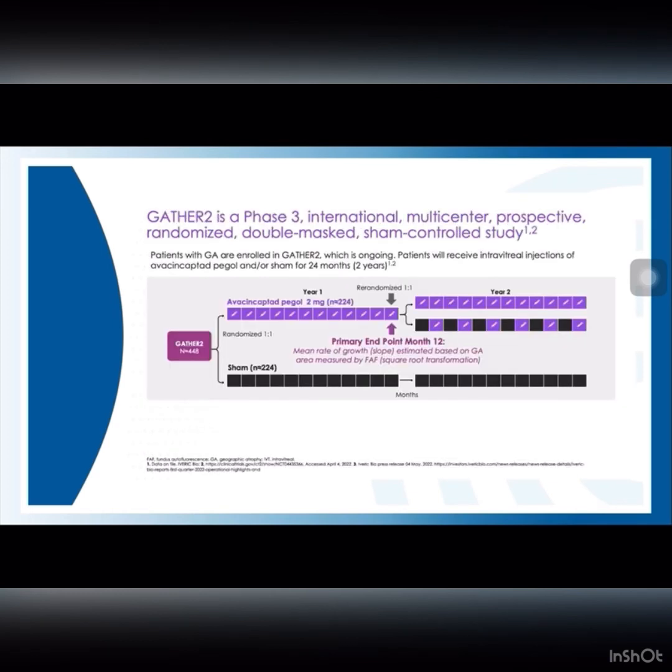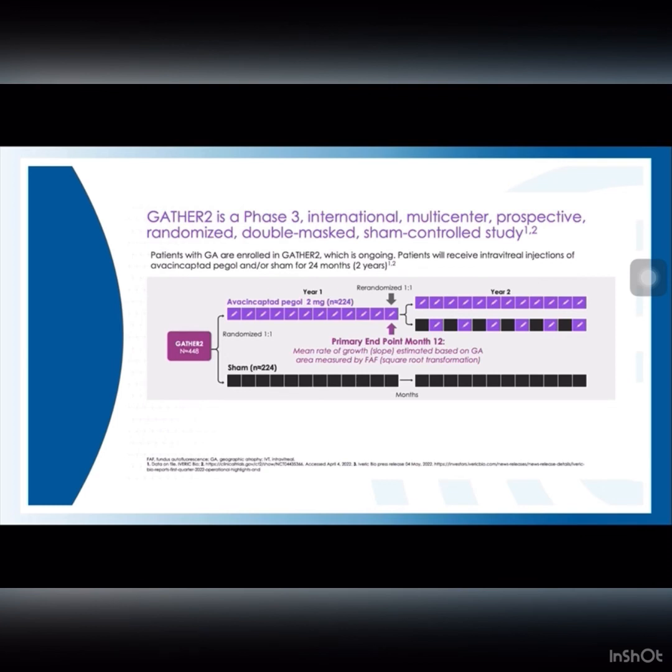The data from the GATHER1 study led to the design of the pivotal phase 3 GATHER2 trial, where patients are randomized to receive either monthly avacincaptad pegol 2 milligram for the first 12 months or sham. The primary endpoint is at month 12, and it is mean rate of growth slope estimated based on GA area measured by FAF.